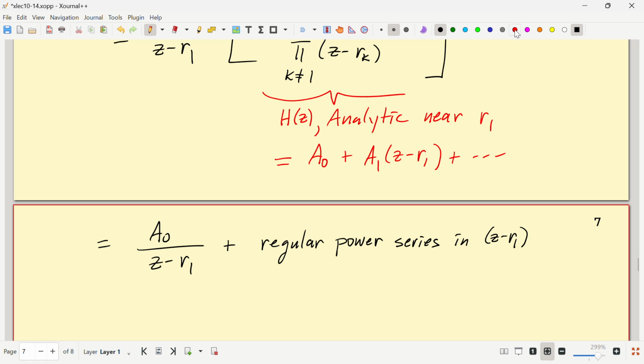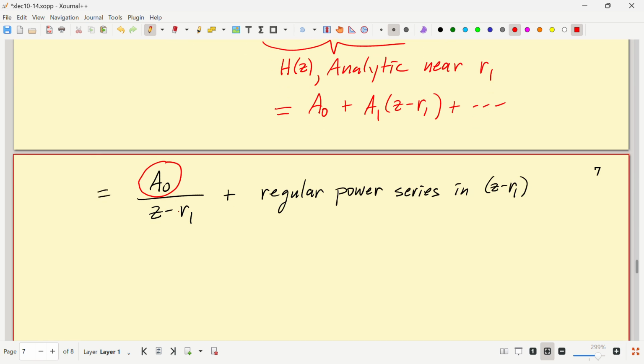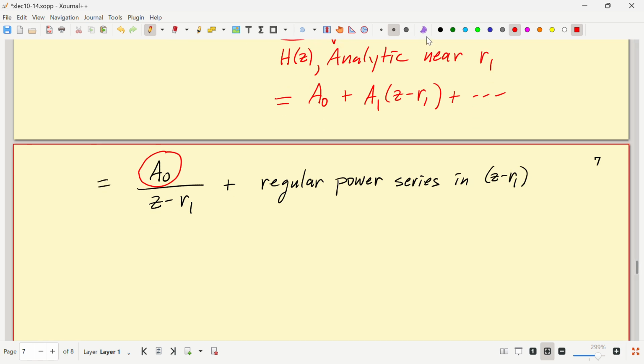And so this is the residue term. So a naught is the residue at the root R1 of my f of z. And that a naught is the value of capital H at R1.